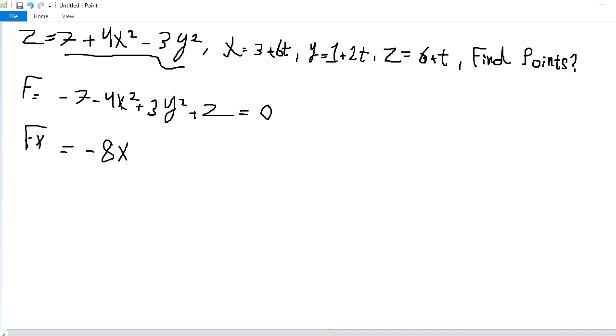What's left is only the x square side. So fy is 0, 0, we have only 6 times y. And fz, the last one, is only 1.